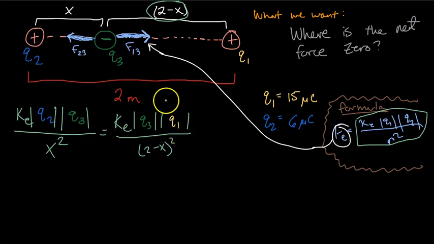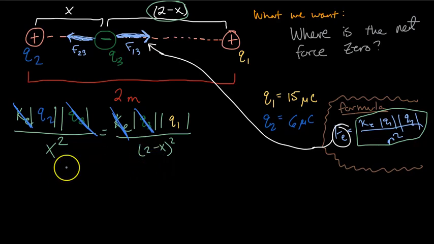And once we have this formula, we can simplify it a little bit. Since we have our Coulomb constant on this side and on this side, we can cancel them. And then we can also cancel out our charge number 3's. And once we do that, we can do our cross multiplication.